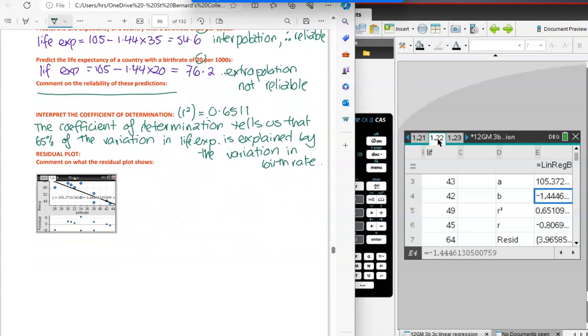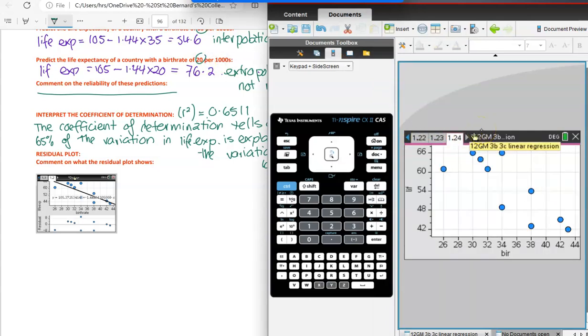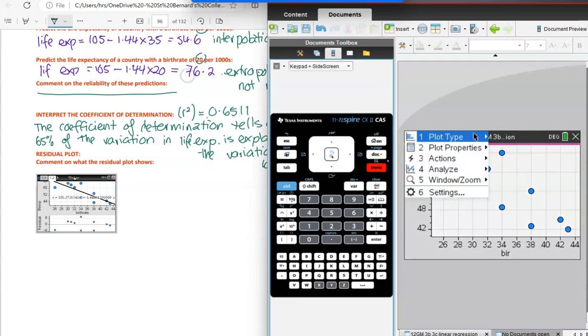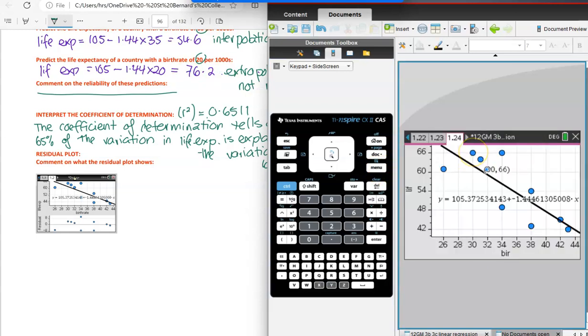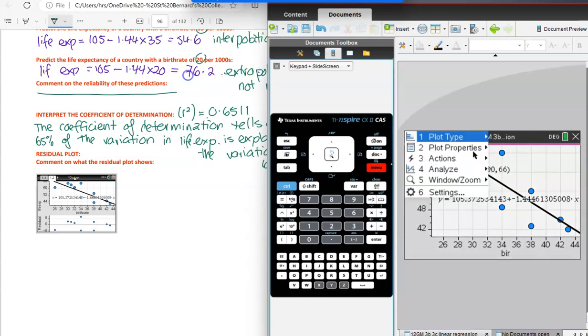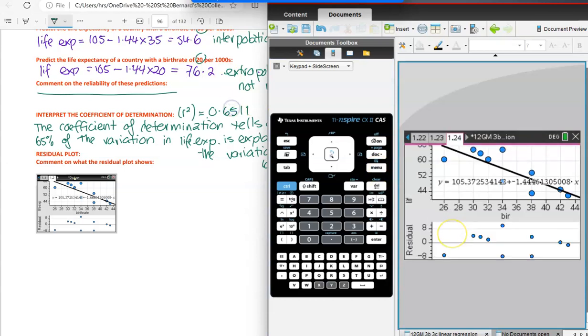So then we have to check that we actually had a linear association, because we've assumed it was linear when we did all this. So we're just going to check the residual plot. So I'm going over what we did yesterday. So remember, we have our scatter plot. To get the residual plot, you must put the regression line on there. So I've just done that with menu, analyze, show regression. Now once I've done that, I'm able to see the residual plot. So show residual.